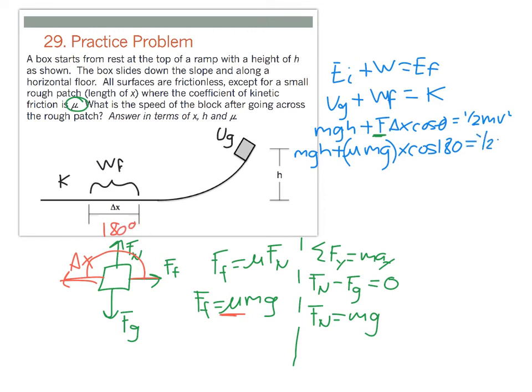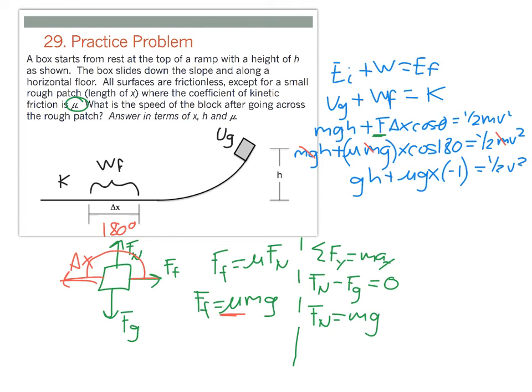And that's equal to 1/2 mv squared. I can cancel out those mass terms there. And so what I'm left with is gh plus mu gx times -1 is equal to 1/2 v squared.